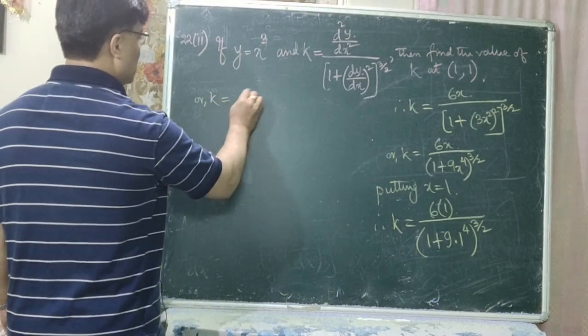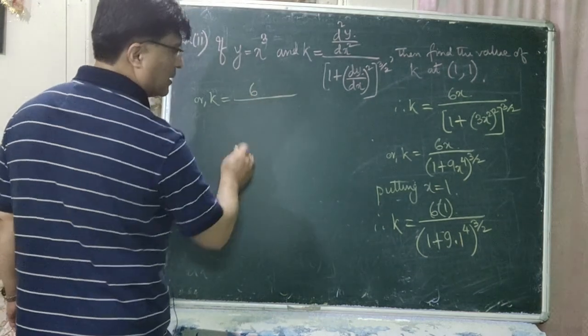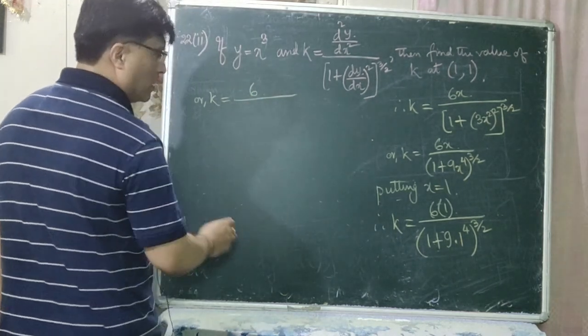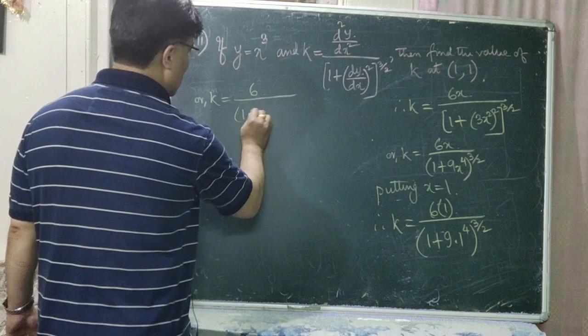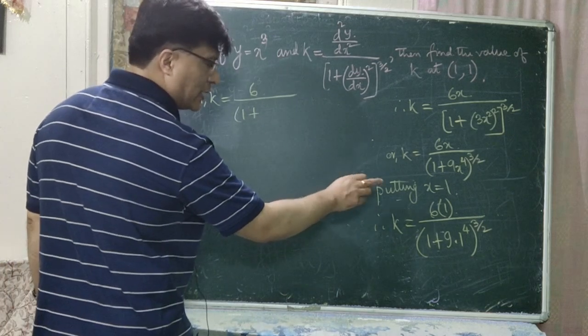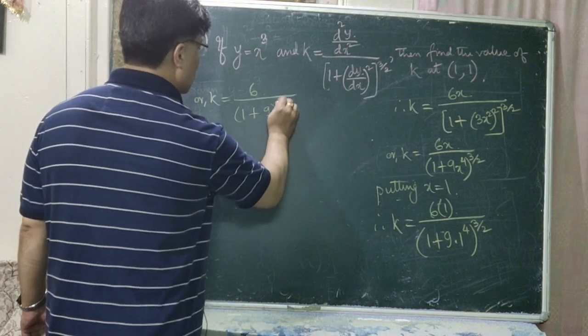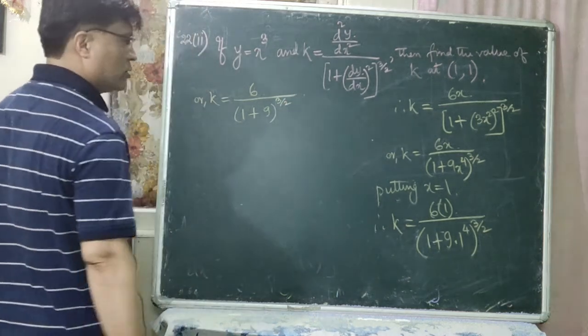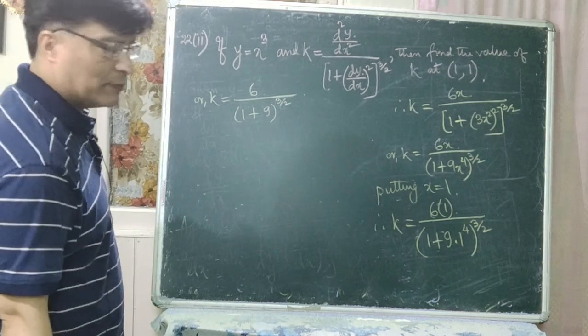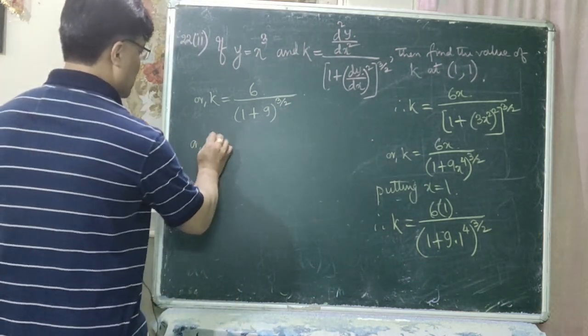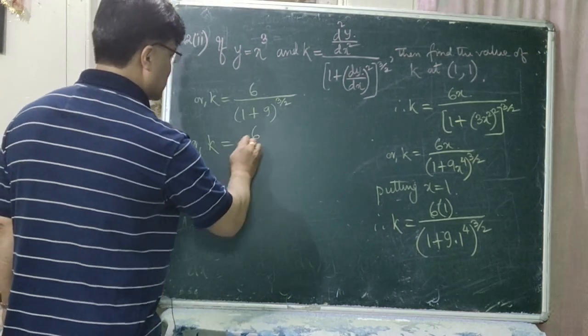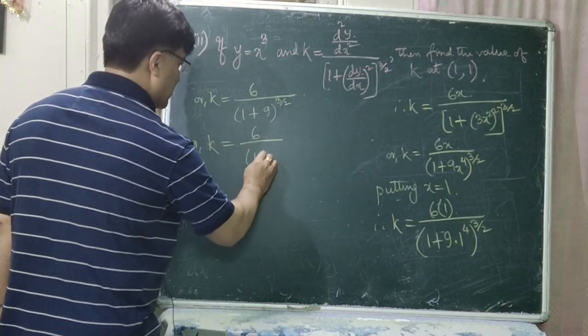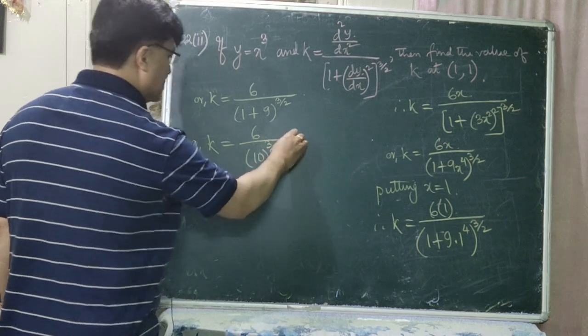Or k is equal to, 6 ones are 6 divided by, in the denominator it is 1 plus 1 to the power 4 is 1, 9 into 1 is 9, and it is whole to the power 3 by 2. So I think you have understood it. Or let us simplify it. K is equal to 6 divided by 9 plus 1 is 10 whole to the power 3 by 2.